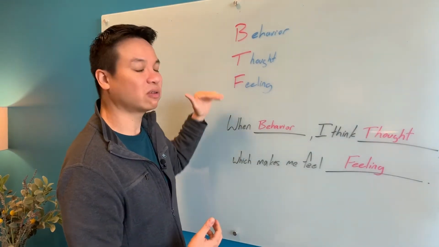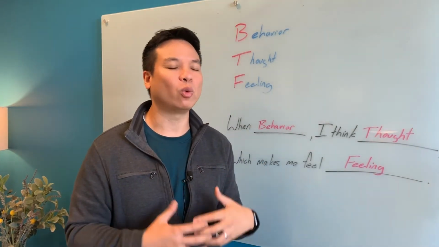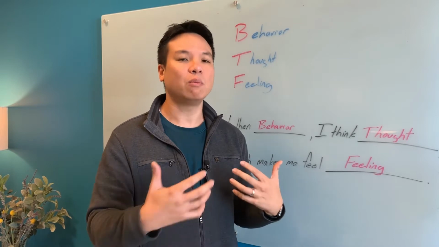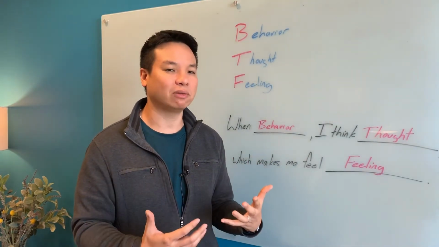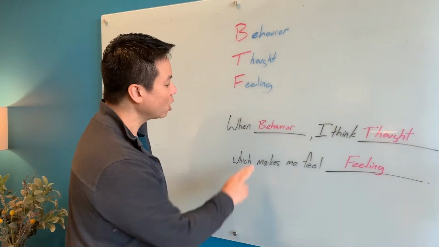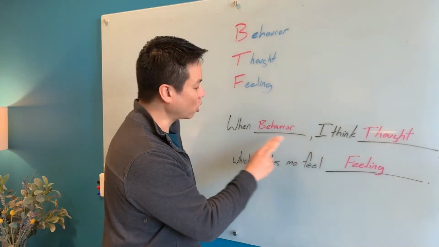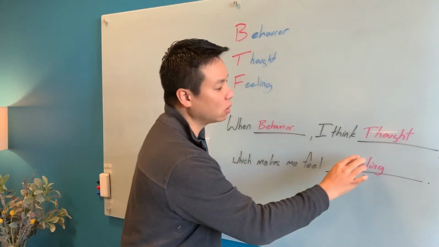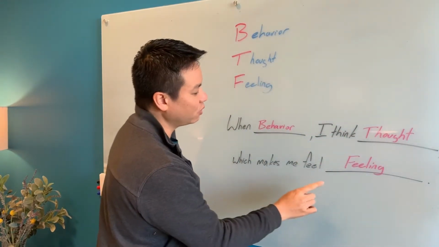The third part is the feeling, which is being able to identify the connected emotion behind it as well. So if you can break down any conflict into a behavior, thought, and feeling, the structure would look like this: when the behavior or the trigger happens, I think that thought, which makes me feel that emotion.